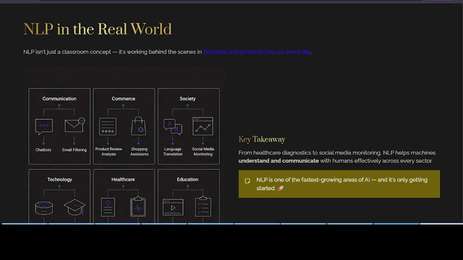Then document processing in government, contract analysis in the legal sector, resume screening in recruitment, and automatic article summarization in news. So almost every industry in today's world uses NLP in some way.